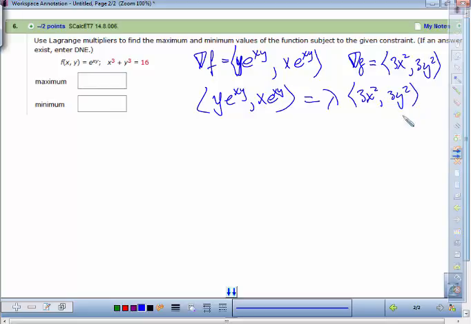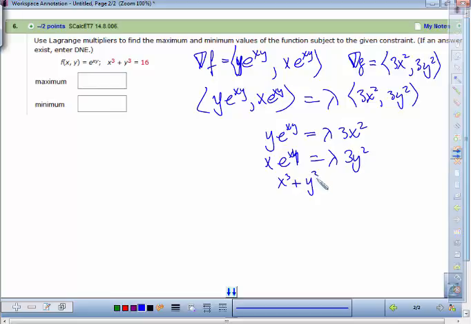And then we're going to come up with 2 equations and 3 unknowns. So these are the 2 equations that you get from the gradient, and then you will also take your third equation, x cubed plus y cubed equal to 16.